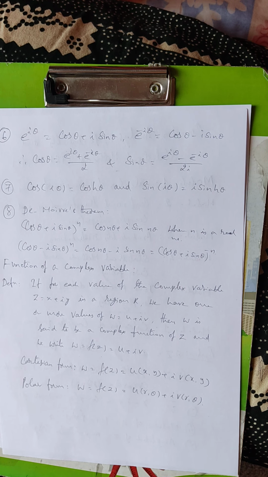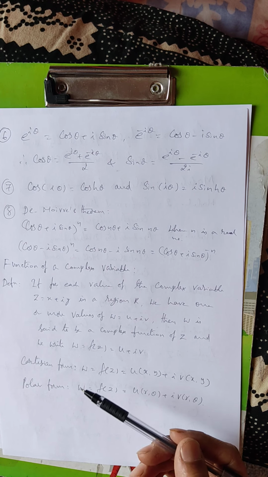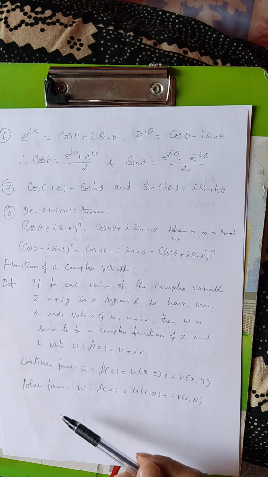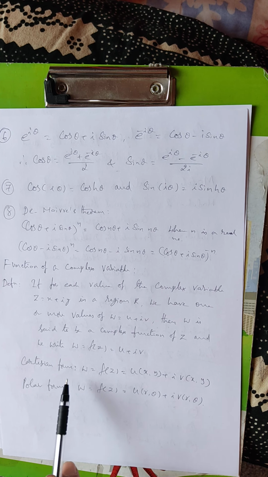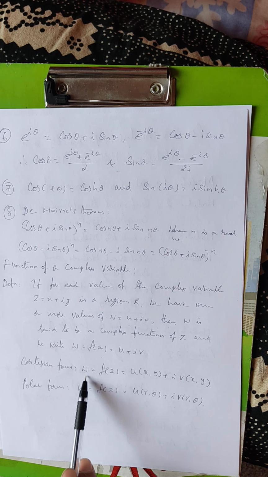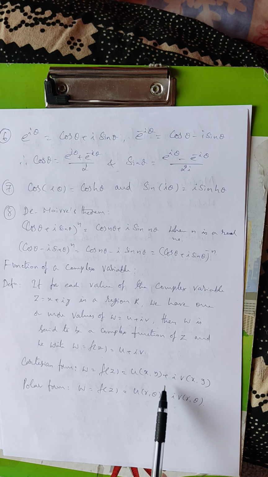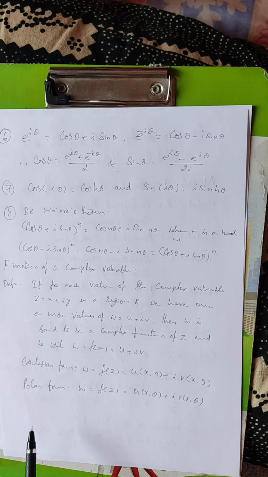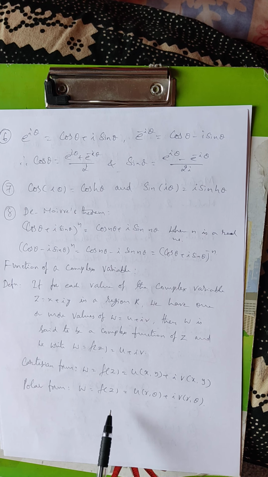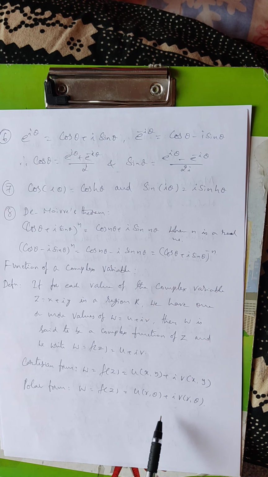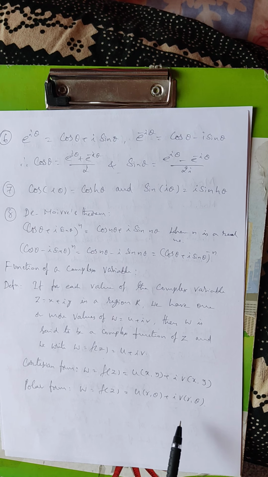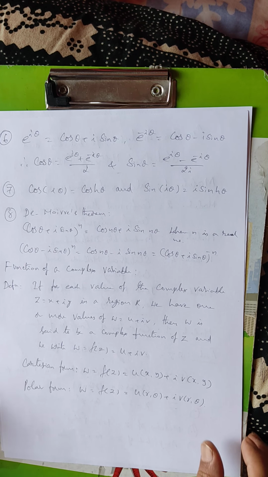So you can write a complex variable function in Cartesian form as well as in polar form. In Cartesian form it is w = f(z) = u(x,y) + iv(x,y), and in polar form w = f(z) = u(r,θ) + iv(r,θ).